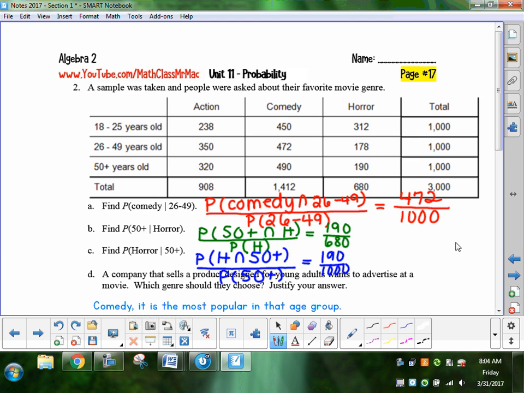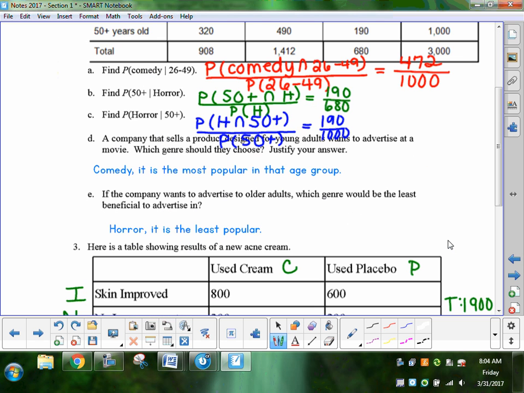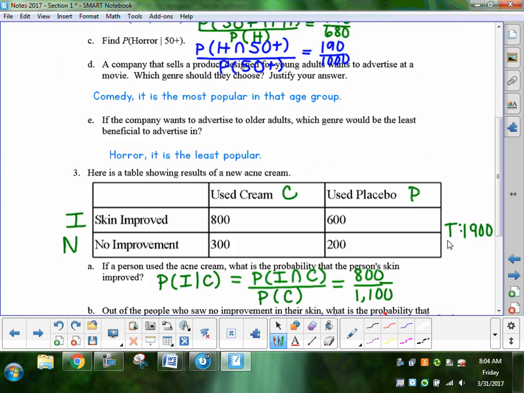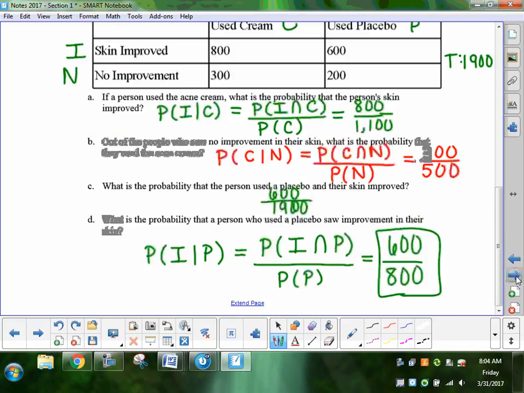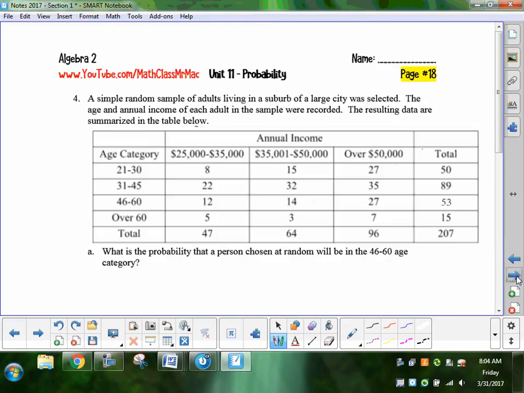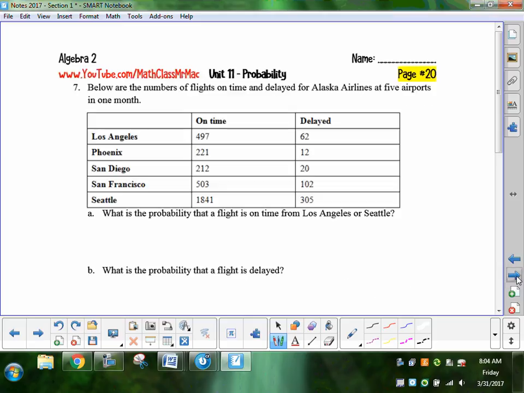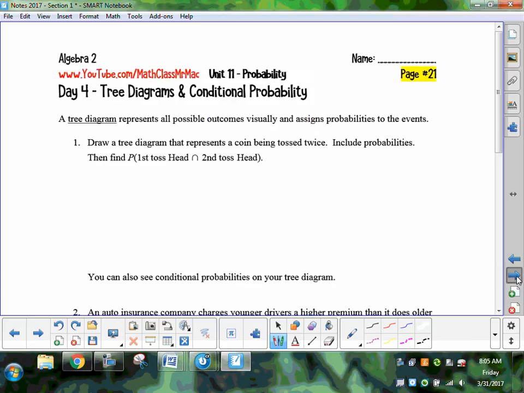I'm going to leave two-way tables, and we're going to come back to it. So we're going to pause, put a star or something on page 18, because we're going to come back to it. I don't think we'll be able to finish it in time, but there's something we can bang out that hopefully will be quick for us to do, which is, let's go over to where it says day 4 stuff, where you've got to do tree diagrams and conditional probabilities.